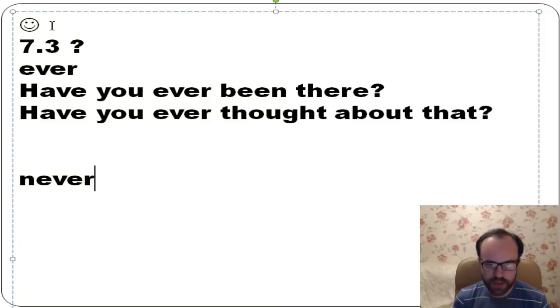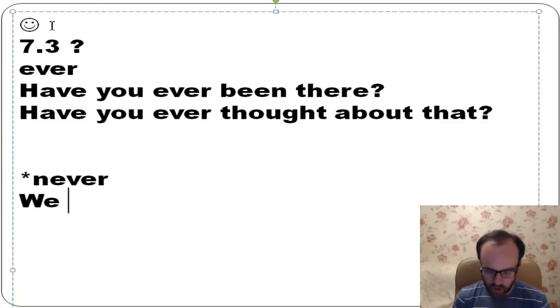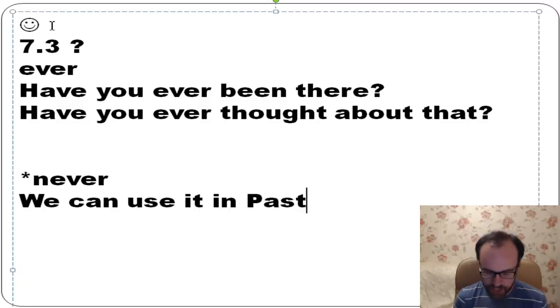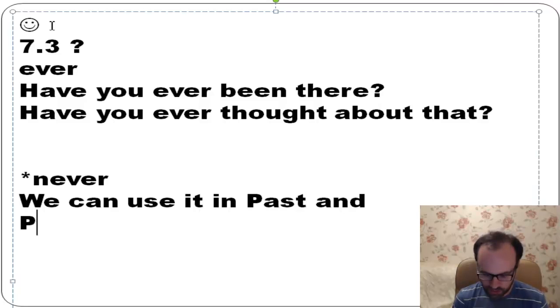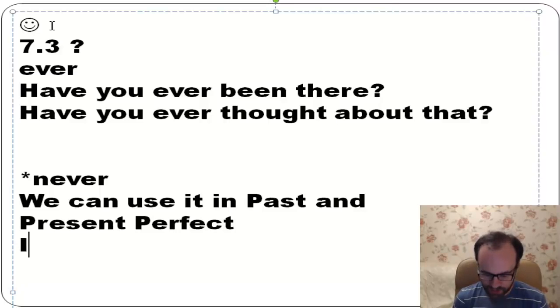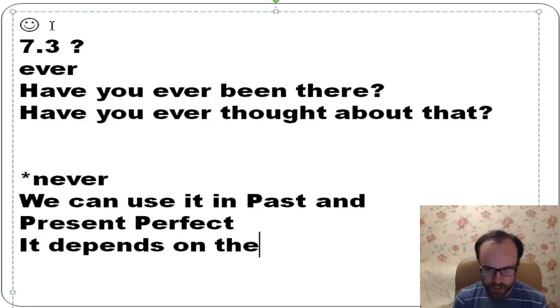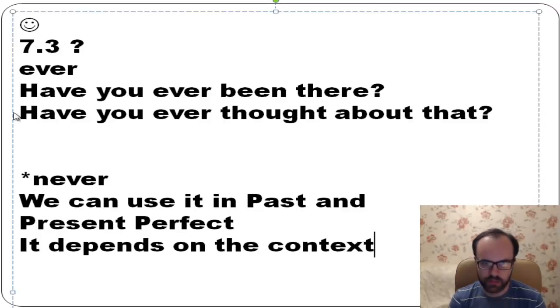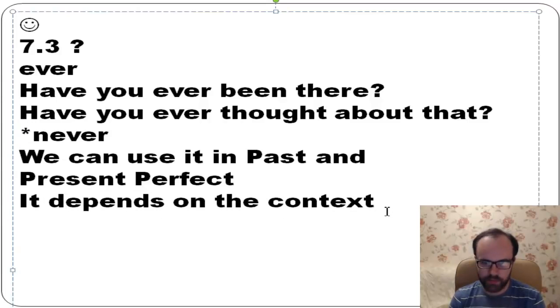Okay, what about never? We can use it in past simple and present perfect. It depends on the context.